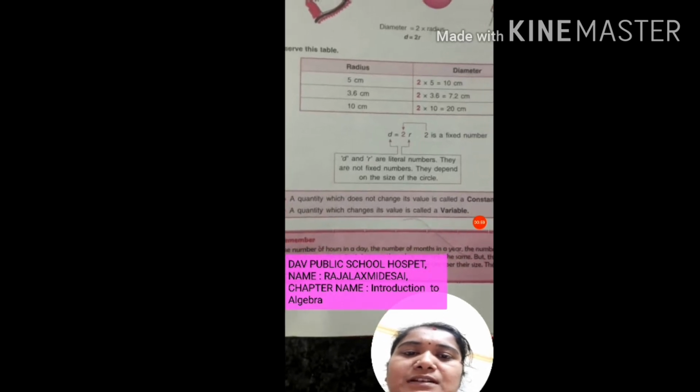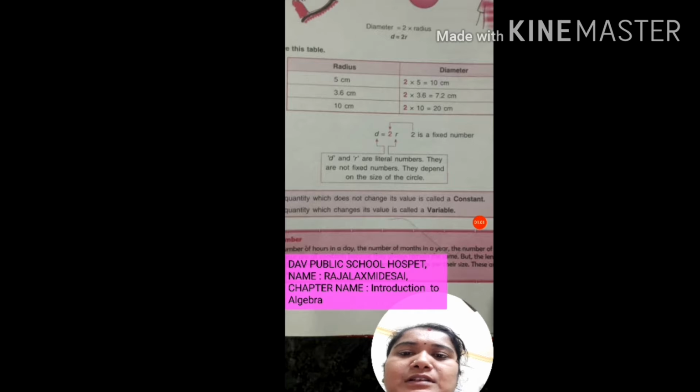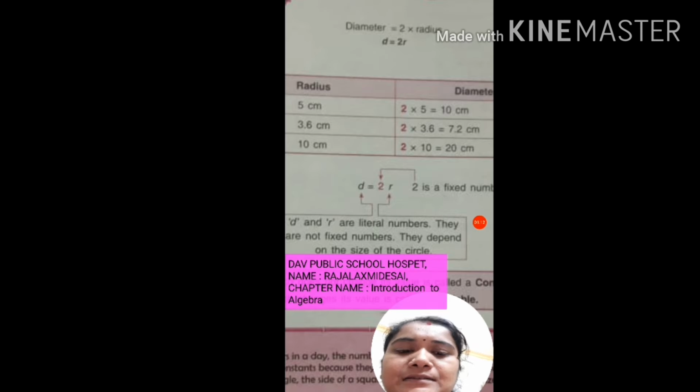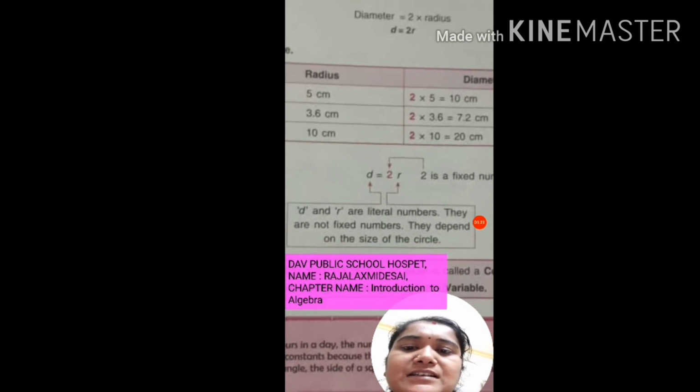Now, you can observe the table here. If radius of the circle is 5 centimeter, then you substitute radius is equal to 5 centimeter in this formula, d is equal to 2r. So, diameter will be 2 into 5, which is 10 centimeter.